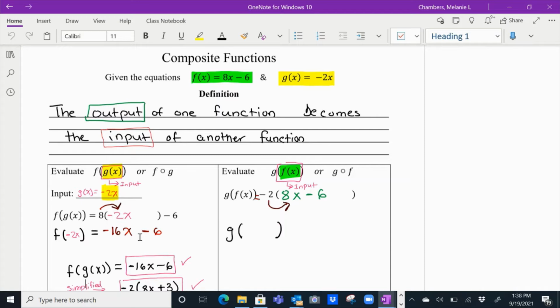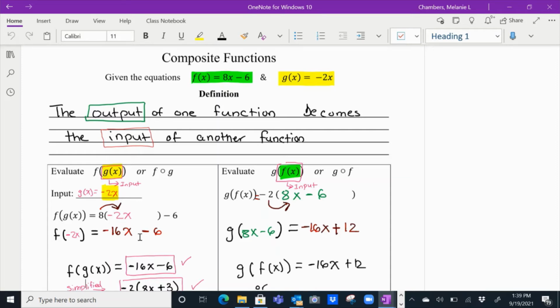So I'm going to substitute 8x minus 6 where the x goes in the g equation. So that's how I know where to put the f part. Distributing the negative 2 gives me negative 16x plus 12, and I am done at this point.